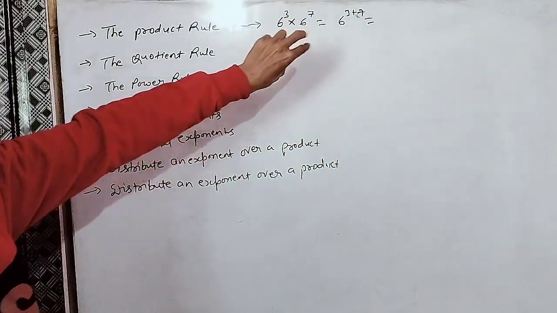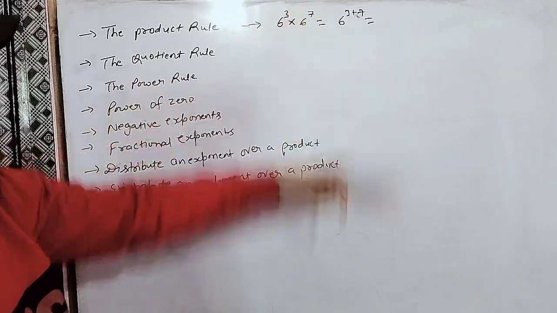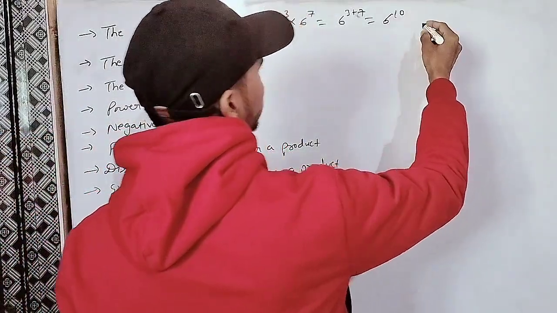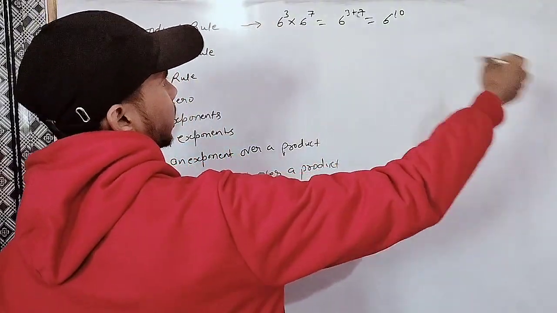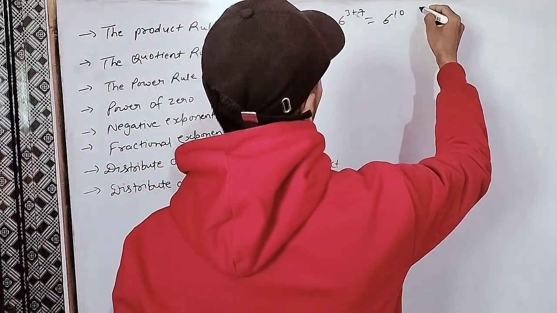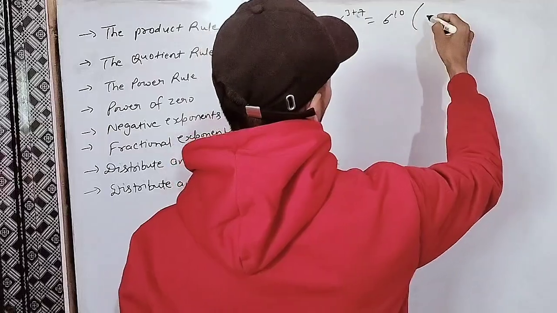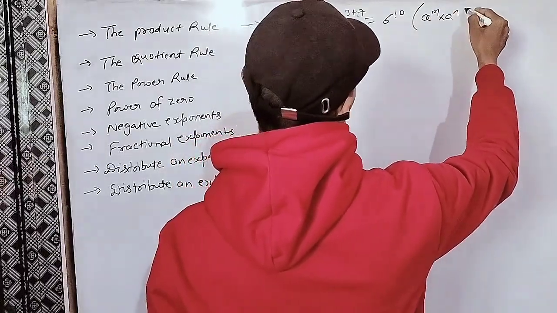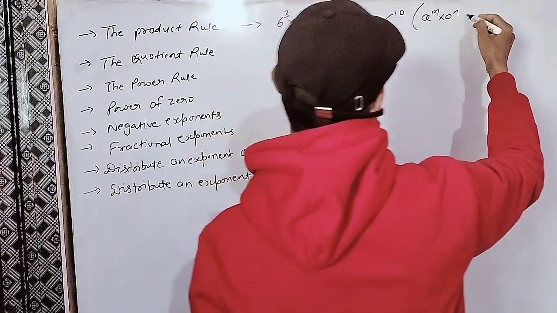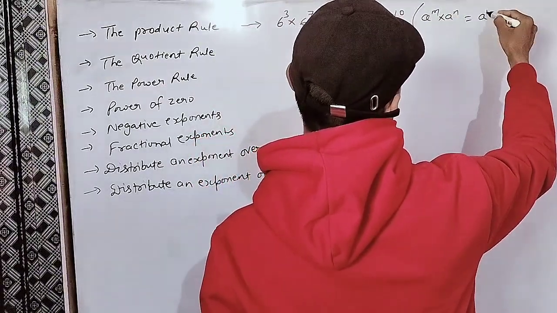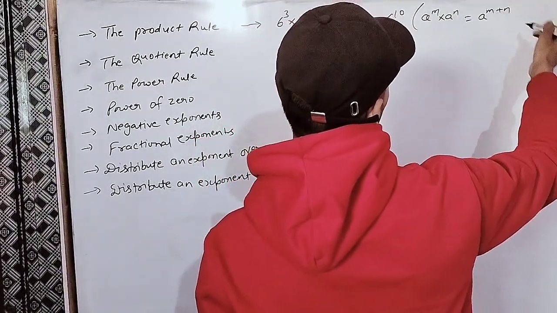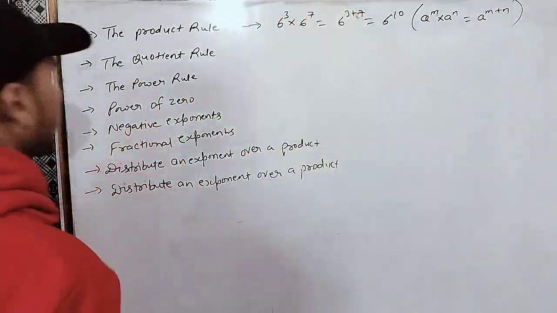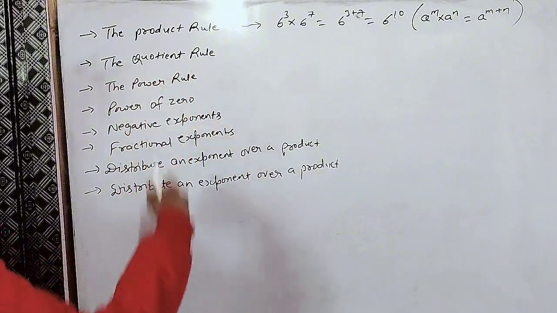That's why we wrote it one time. Now we have 6 ten times, clear? Whereas we can write it like that: a is common and the exponents will be added. We saw this in the discussion of the product rule.